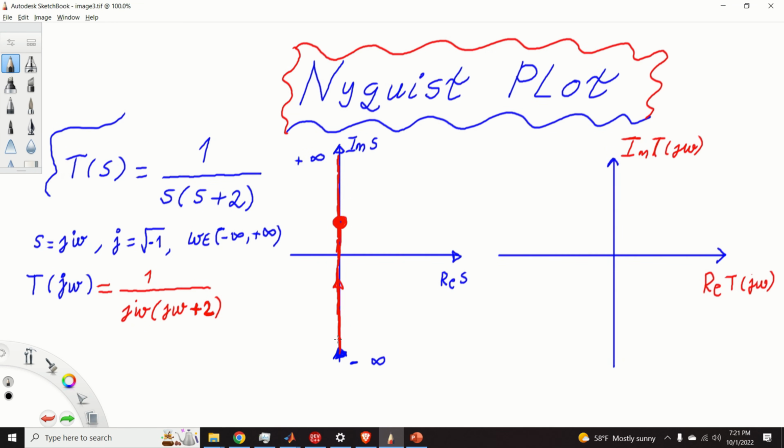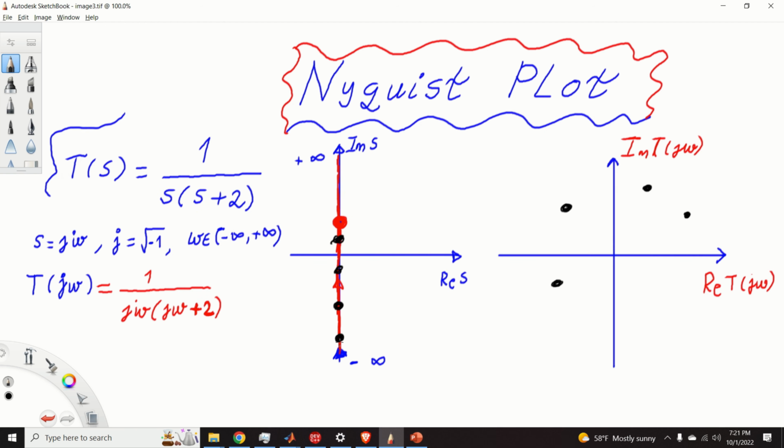Now, as I vary omega along the imaginary axis in this complex plane, I will obtain a set of points in another complex plane. For example, if I take this value of omega, I will obtain a point over here. If I take this value of omega, I will obtain a point over here. If I take this value of omega, I will obtain a point over here. Then if I take this value of omega, I will obtain a point over here.